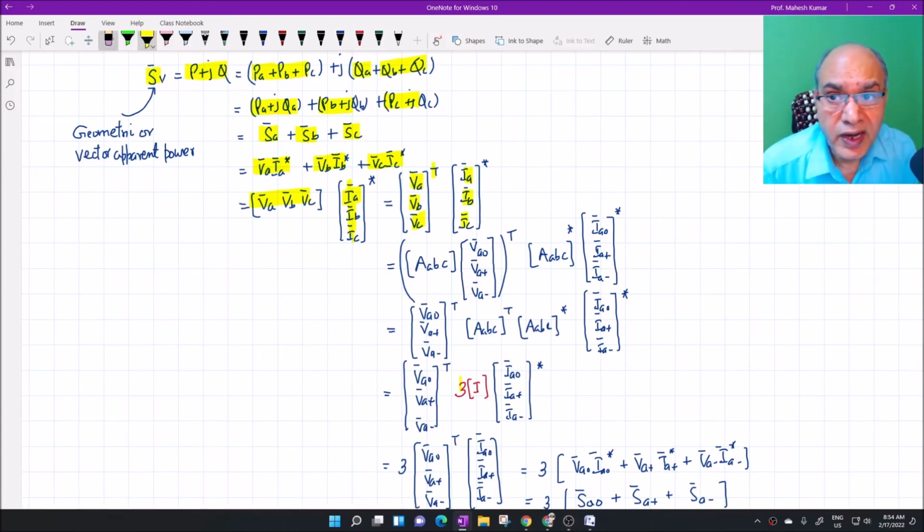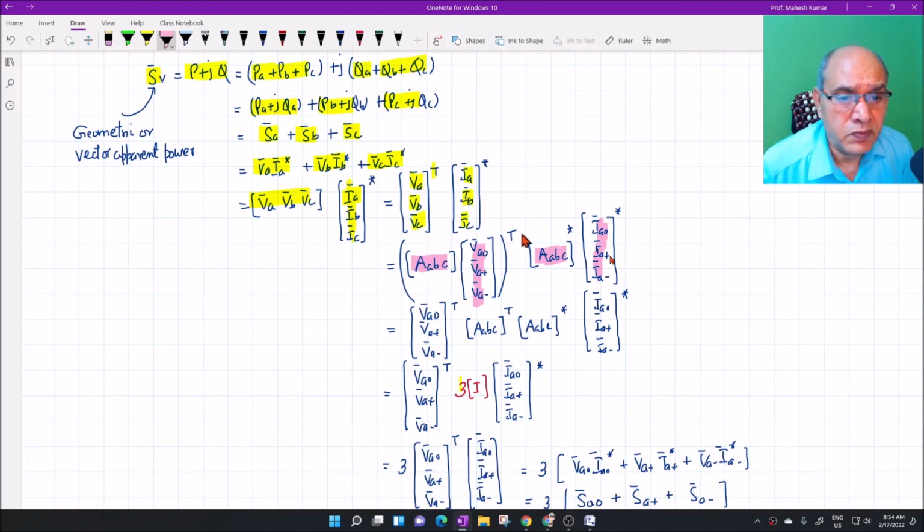Now we substitute back in terms of the ABC parameters. This is the A matrix that transforms ABC into zero sequence components. So ABC in terms of zero sequence becomes this quantity, and again this quantity for current. This is conjugate, this is transpose.